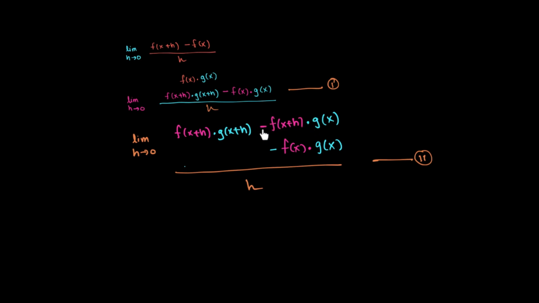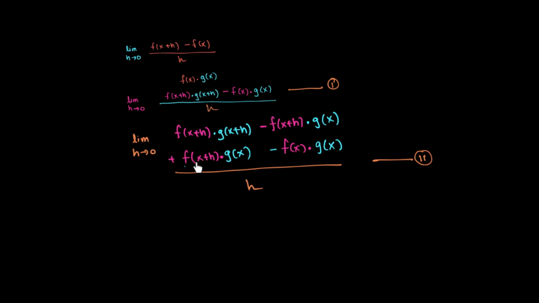So we also have to add this term so that it doesn't create any external effect in our equation. Let's just add that up also, so that the subtraction and addition get cancelled out. So now I'm going to write f of x plus h, and then multiply with g of x.